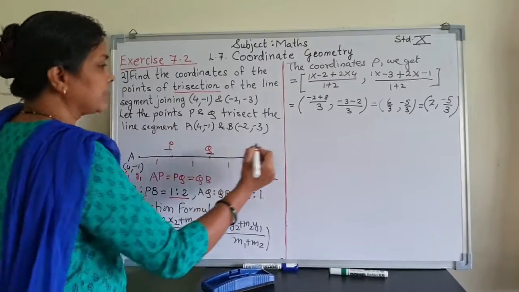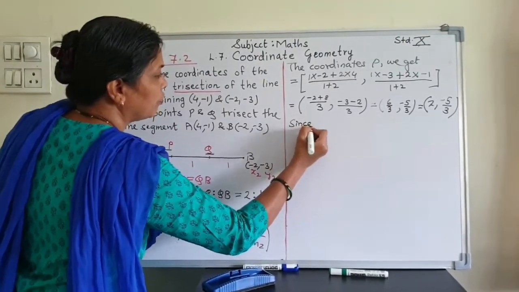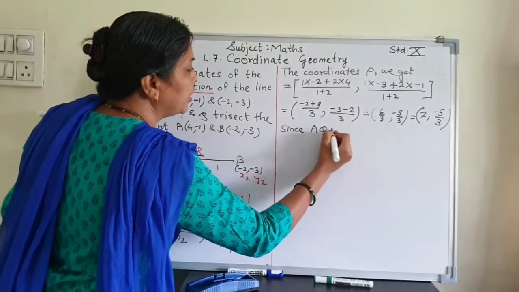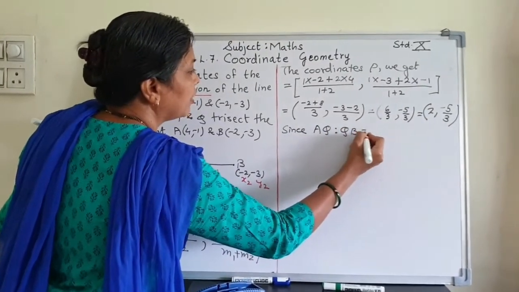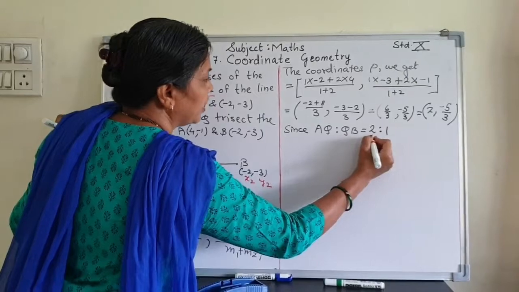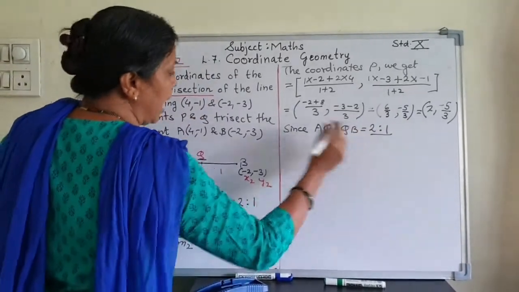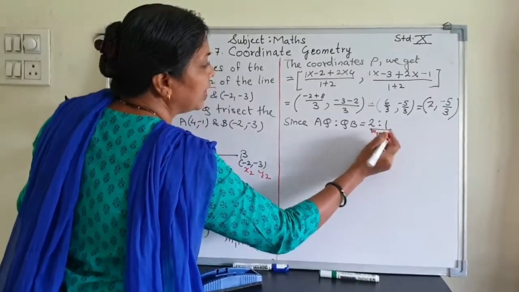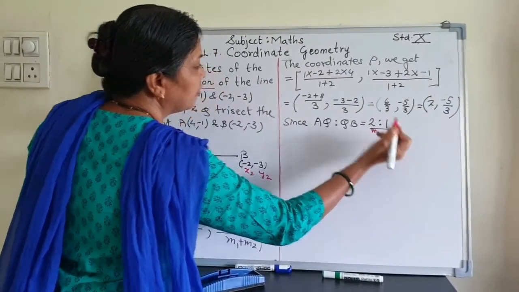Now, the coordinates of Q we want. Since we know the ratio AQ is to QB is equal to 2:1, m1 is 2 and m2 is 1.